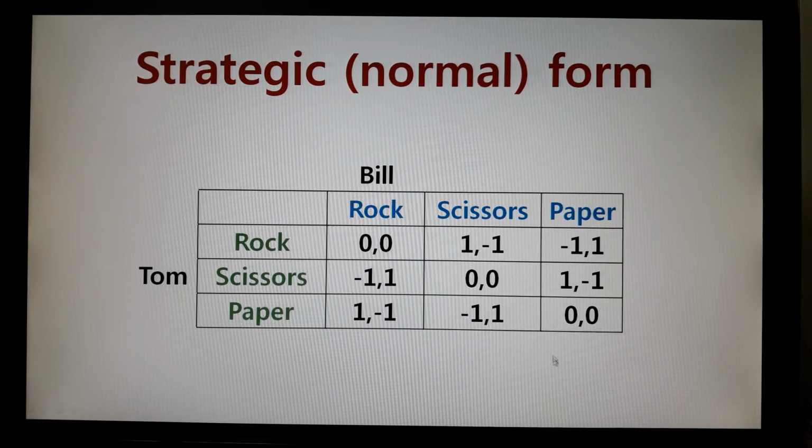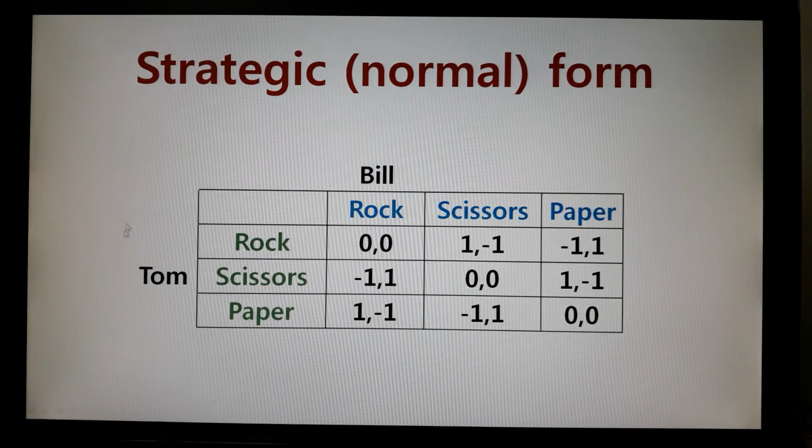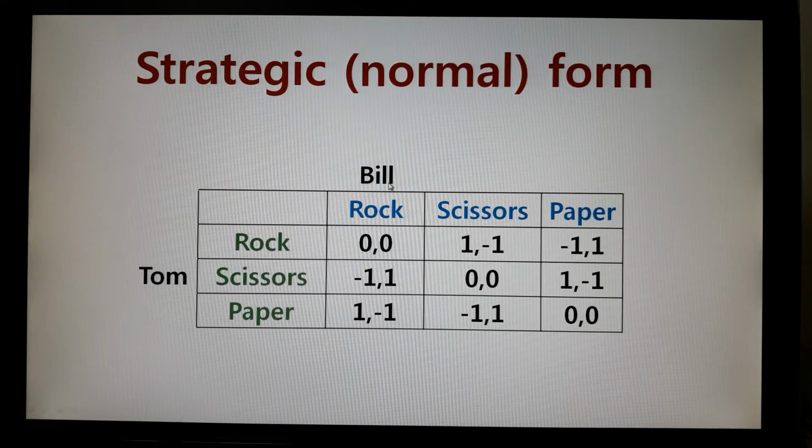Strategic form, or some people call it normal form. This is how we describe the rock, scissors, paper game between Tom and Bill in strategic form. So basically, strategic form is using tables. Tom chooses rock, scissors, paper. Bill chooses rock, scissors, paper.